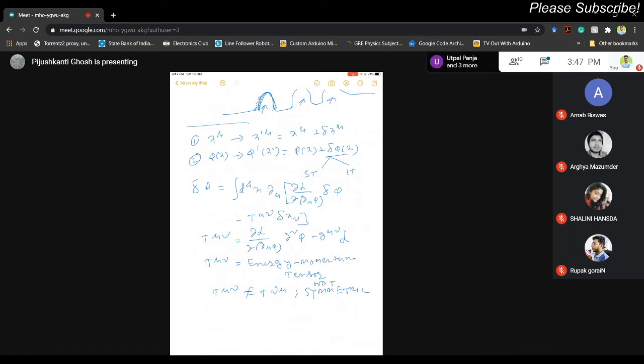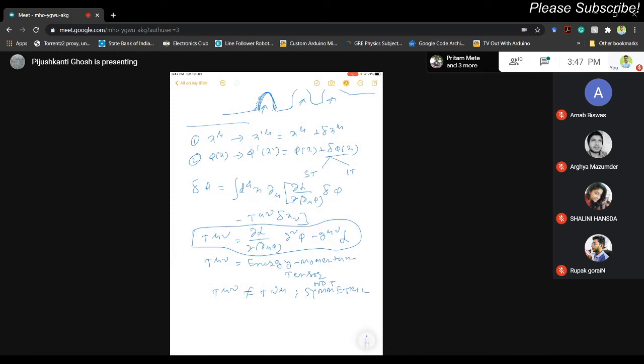Towards the end of the calculation we get d4x del mu of del mu delta phi minus T mu nu del x nu, where T mu nu is defined as del L over del mu phi del nu phi minus g mu nu L. This expression is called the energy momentum tensor, and you should remember it because it is required for all our future derivations.